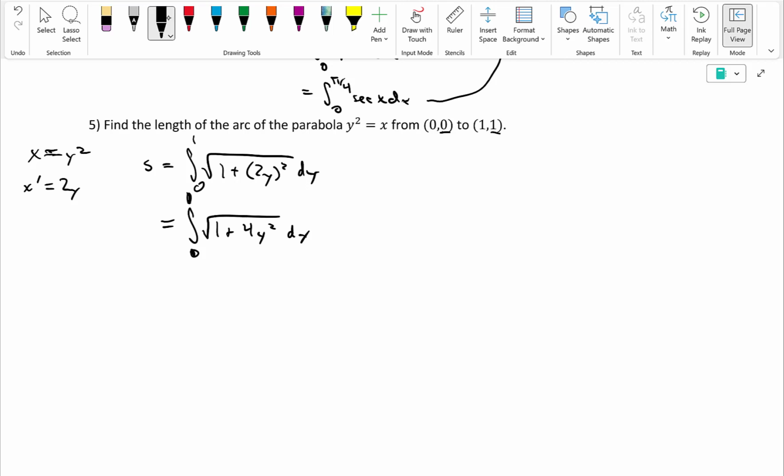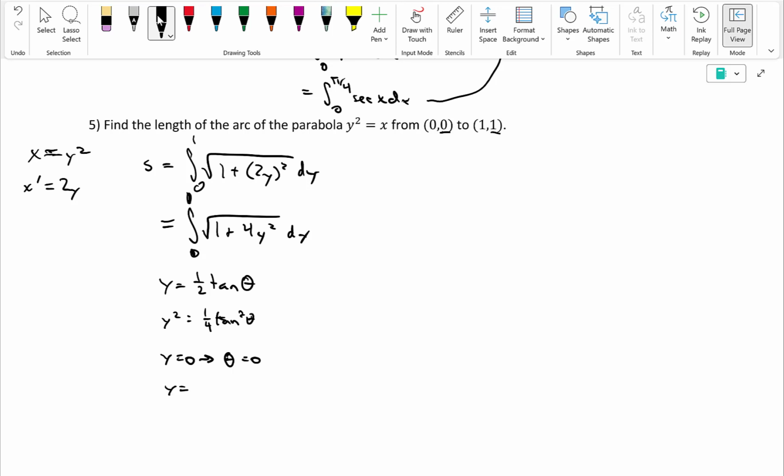We don't have anything really nice there, but y is going to be equal to 1/2 tan theta. And so y squared would be 1/4 tan squared theta. And for our bounds, if we're putting everything in terms of theta, if y equals 0, tangent of 0 is just 0, so tan inverse of 0, also 0, so theta is 0.